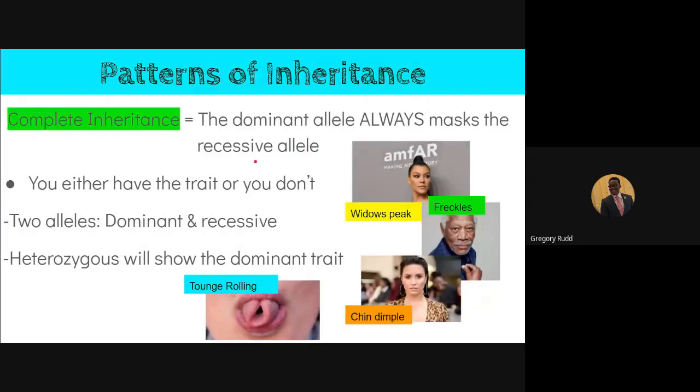So what we've been talking about so far is called complete inheritance. And what this means is that the dominant allele is always going to mask the recessive allele. It will always dominate the recessive allele.